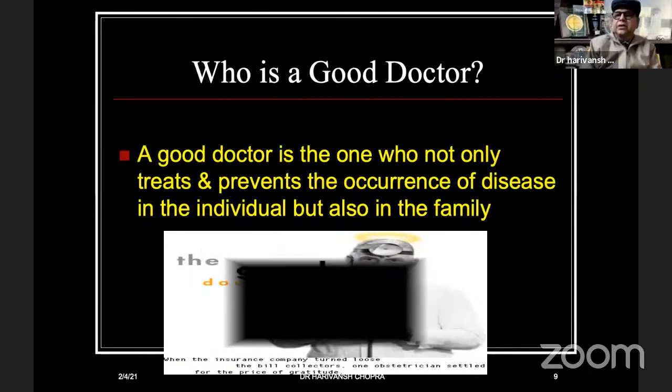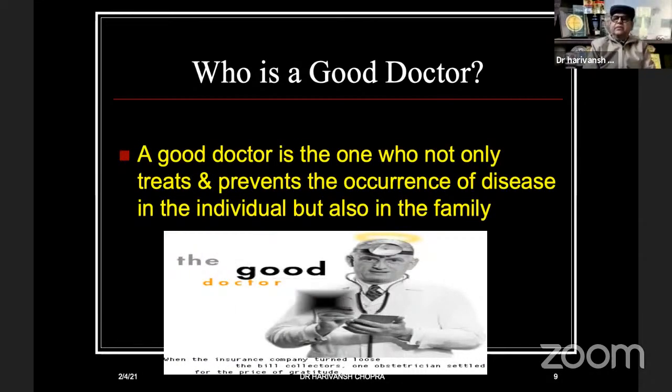So, who is a good doctor? A good doctor is one who not only treats but also prevents the disease in the individual, and also in the family. And you must understand, it is our subject which is talking about prevention. The rest are only talking about the curative portion. So, by definition, when we say you are a student of community medicine, it means that from the doctor category, you are entering into the category of a good doctor.